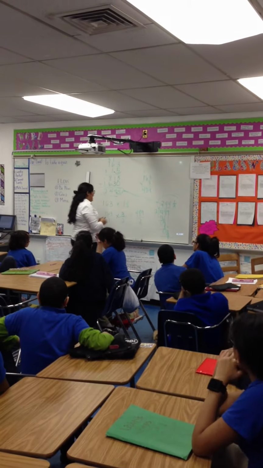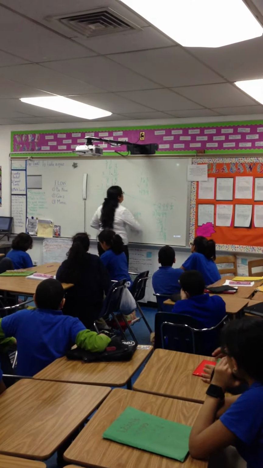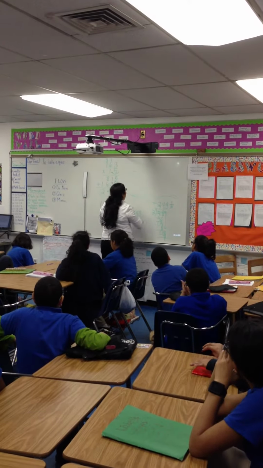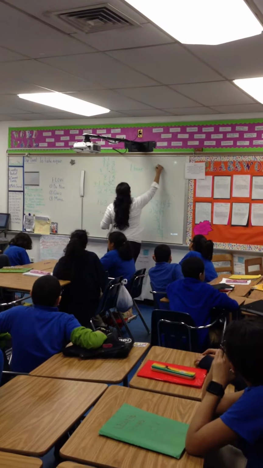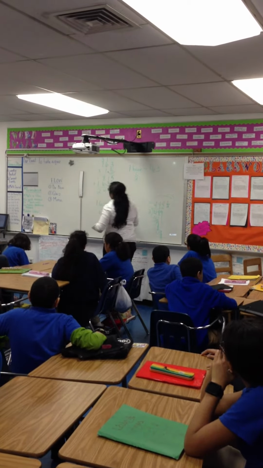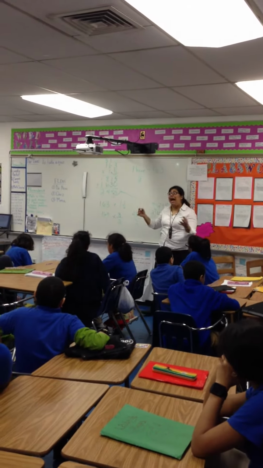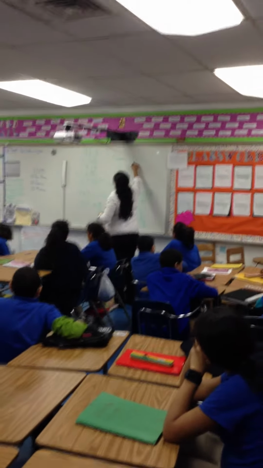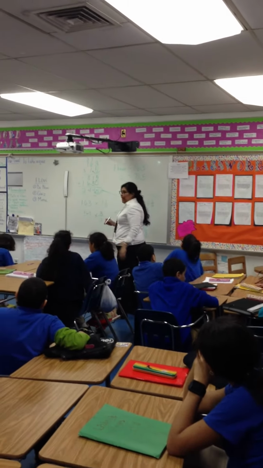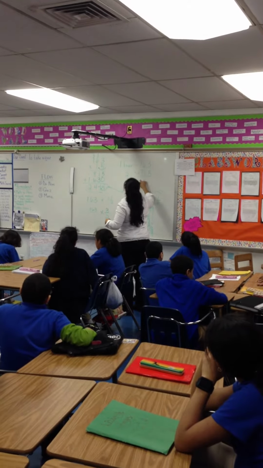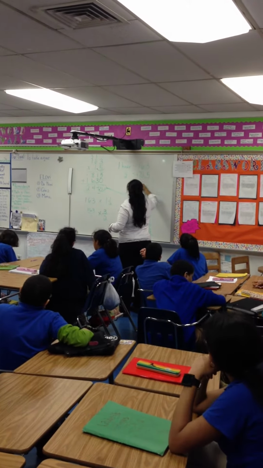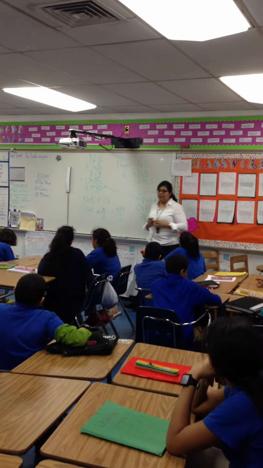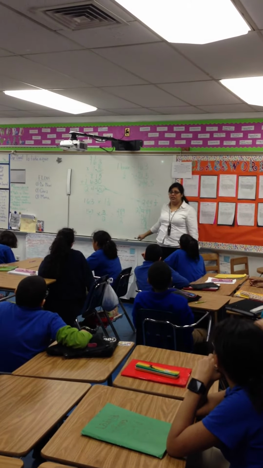If in 1 hour it'll be 163, you still needed the other half. So she finds half of 163, which gives her 81.5, and then she added those, which gave her 244.5. So good, Maya. Awesome strategy.